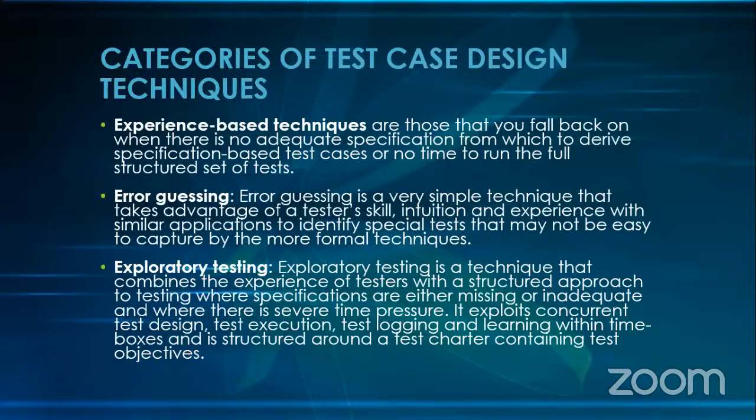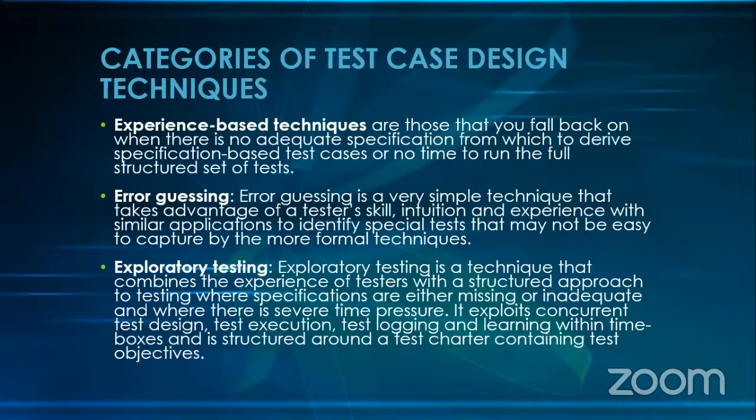So experience-based technique is the third one. We've done the specification-based technique, which is black box testing. We've done the structure-based technique, which is white box testing. Then the last one is the experience-based.